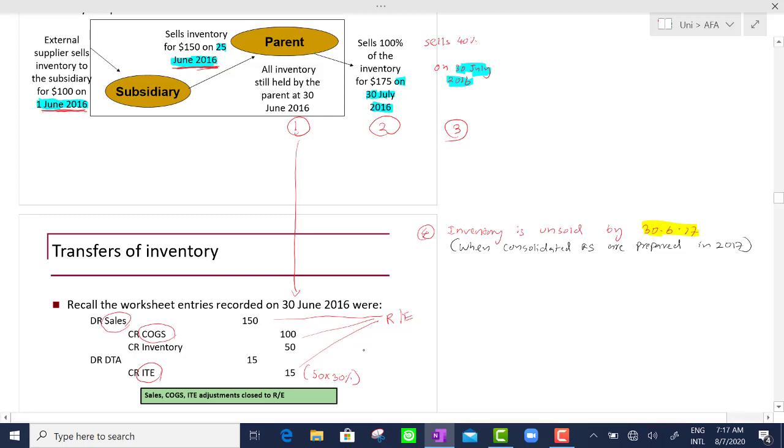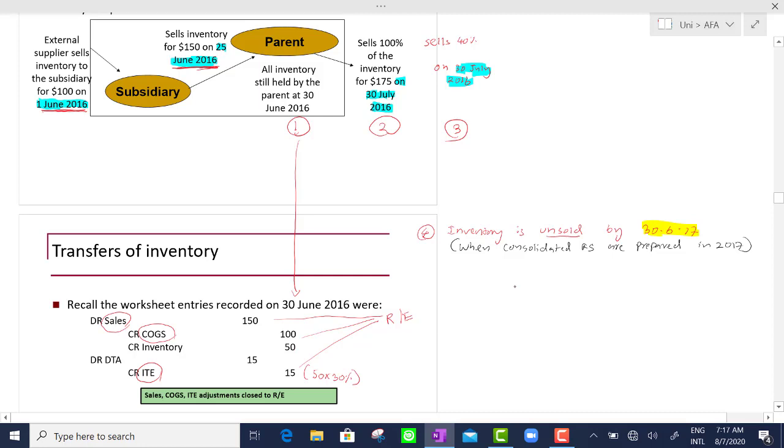But still, the inventory is unsold by 30th June 2017. Inventory is an asset. It has the balance, and asset accounts are not closed, they are carried forward to the next year. So here we have that balance.